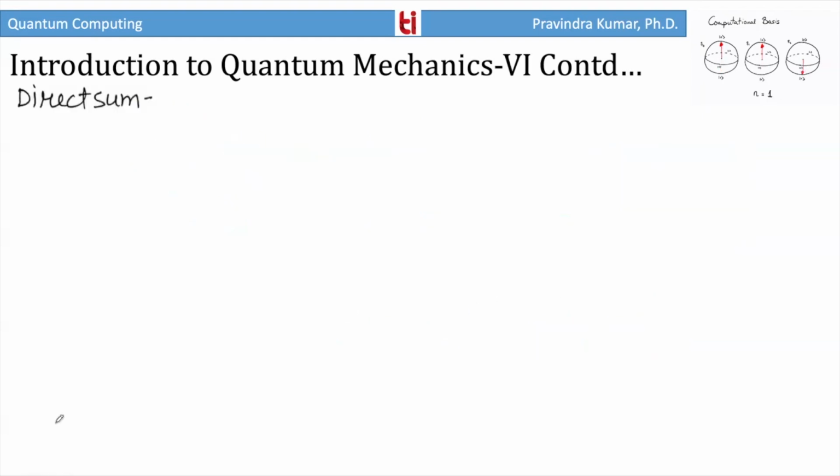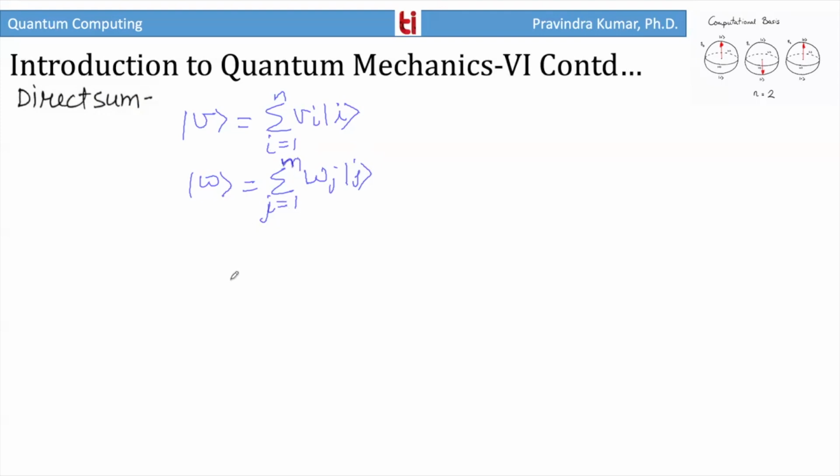Now the direct sum. We know that a vector can be described in terms of basis vectors. Let two vectors v and w be expanded in some orthonormal bases i and j. So |v⟩ is represented as the sum of vi |i⟩ for i from 1 to n, and |w⟩ is represented as the sum of wj |j⟩ for j from 1 to m.